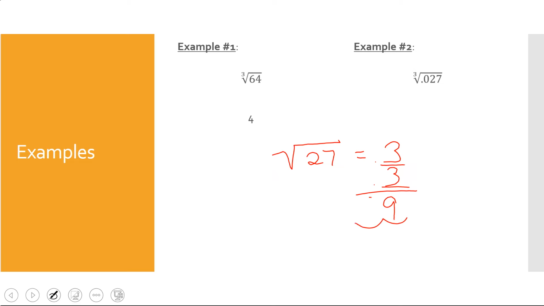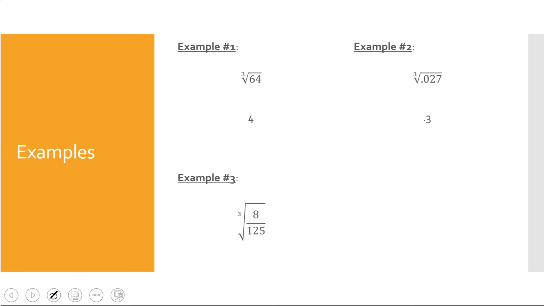And if I took that number, so 0.09, and I multiplied that by 0.3, I get 27. And I have to move the decimal over 1, 2, and 3, which just makes that perfect. So our answer for the cube root of 0.027 would be 0.3.